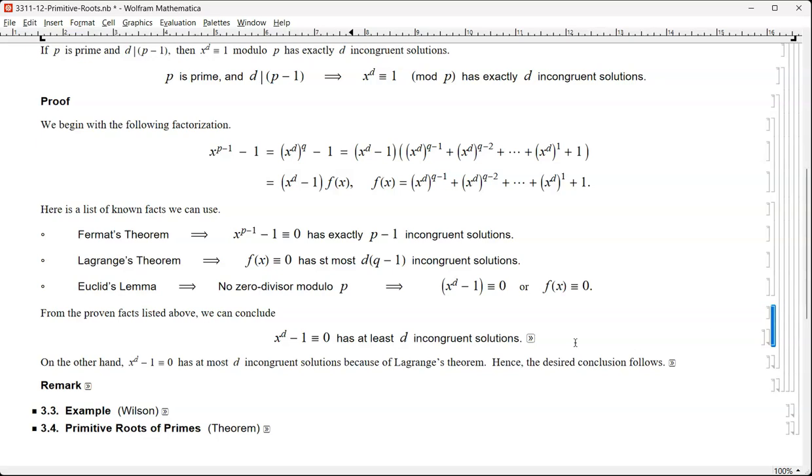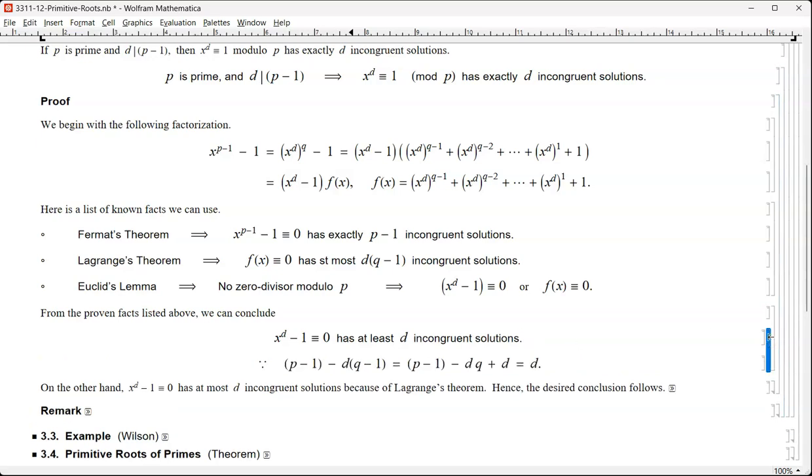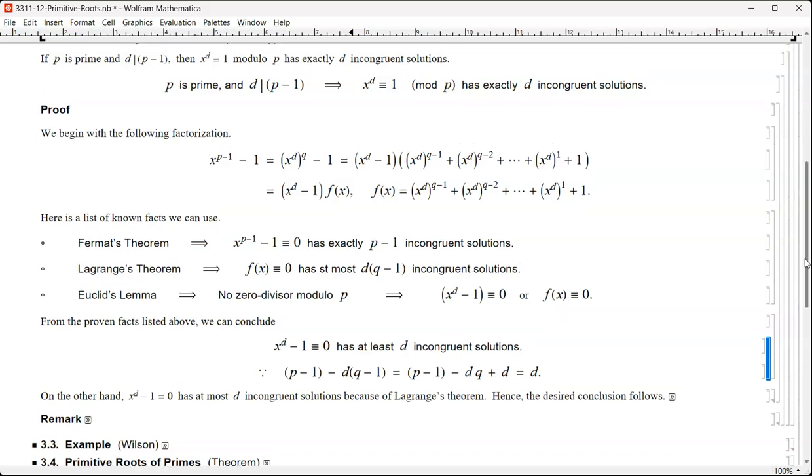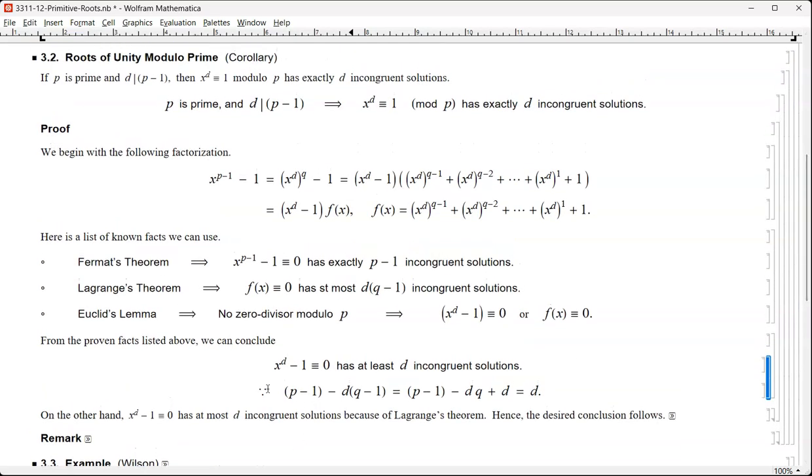In short, we claim at least d incongruent solutions, thanks to this. p minus 1 solutions, precisely p minus 1 solutions from here, the left-hand side. And then at most d times q minus 1 solutions from f of x.